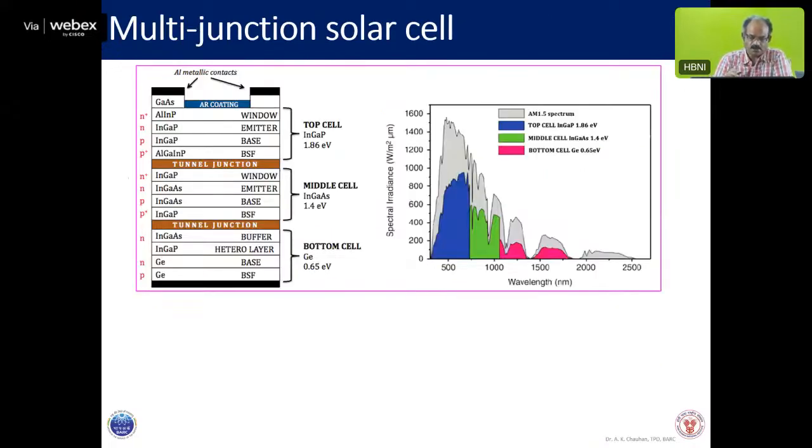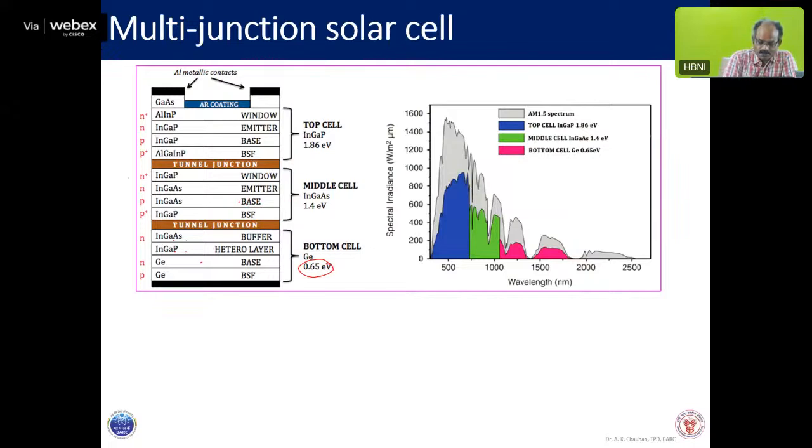So if we see a typical three junction solar cell, at the bottom of the solar cell you have germanium base, and this has a band gap of 0.65 electron volt.